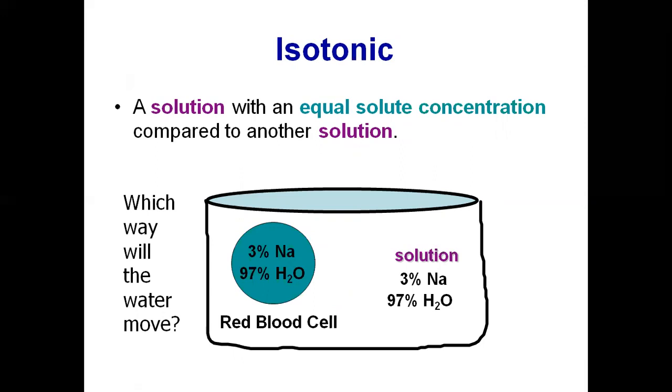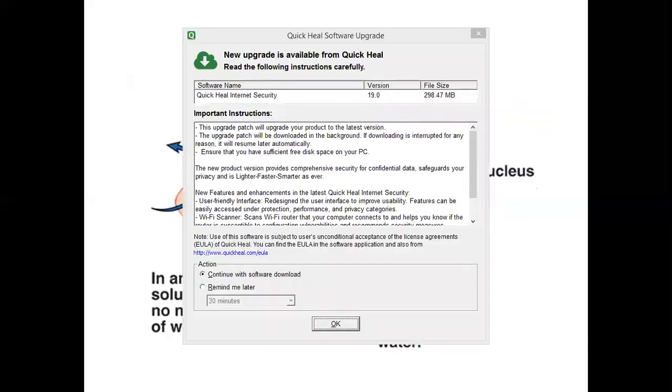This red blood cell has 3% NaCl and the solution also has 3% NaCl and 97% water, in both the red blood cell and the solution. So water will move in both directions because both have equal solute concentration. This term is called an isotonic solution.